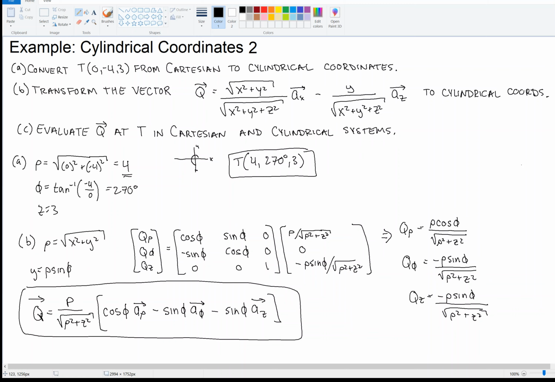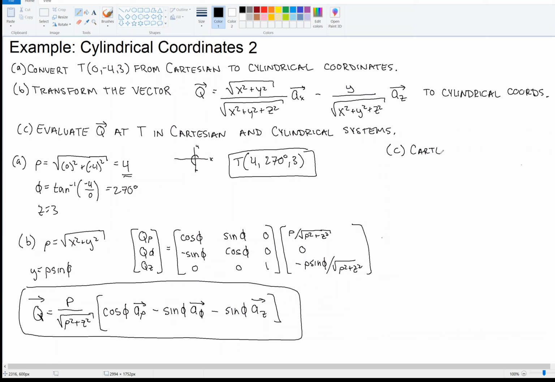Right. Okay, so now I'm going to just create some room. Feel free to pause the video if you need to. All right, but I'm going to delete some of that work, and I'm going to try to squeeze in C right over here to the right. Now, I want to evaluate Q at point T in Cartesian first. So let's just do Cartesian. So in Cartesian, my point is 0, -4, 3.